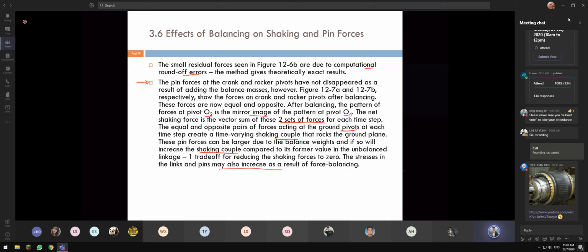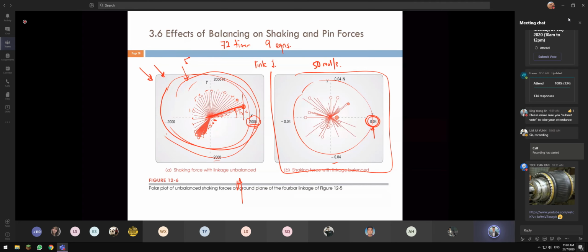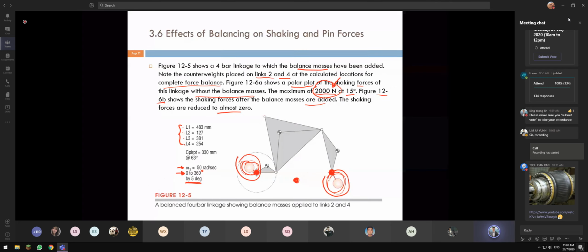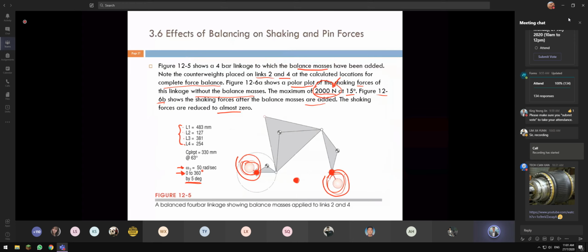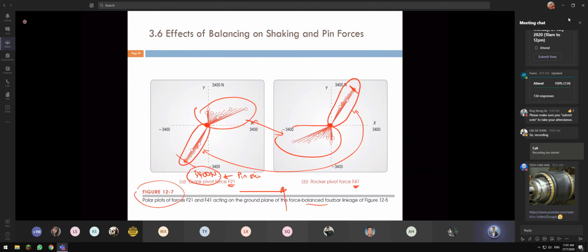So just to recap, this is the force measured at link 1 when it's unbalanced. It can be measured when it's balanced over here, at link 1. The problem we will face is that at the O2 and O4, whether it is balanced or unbalanced, there is still a force over there.